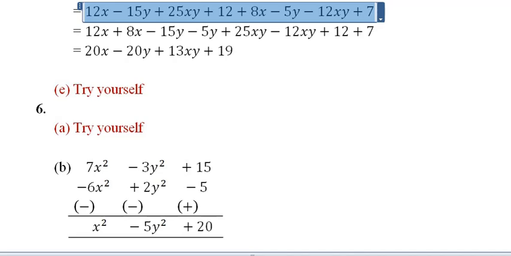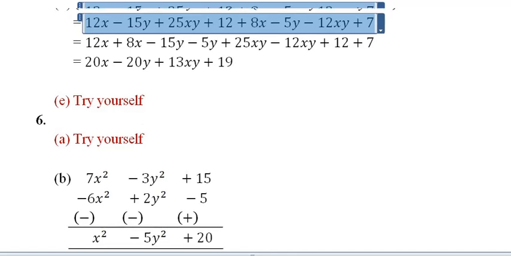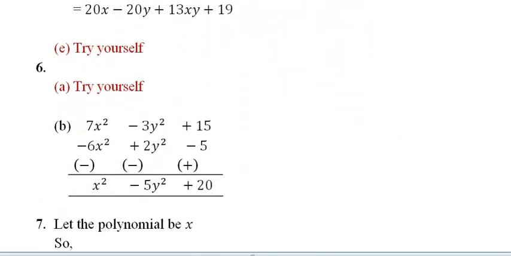Now question number 6, you have to subtract the polynomials, same thing that we did in question number 5. That is the subtraction, but using the vertical method. And remember, when you use the vertical method, in case of subtraction, all the signs will be changed.